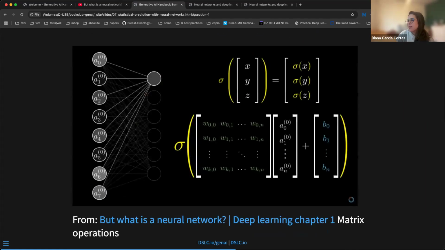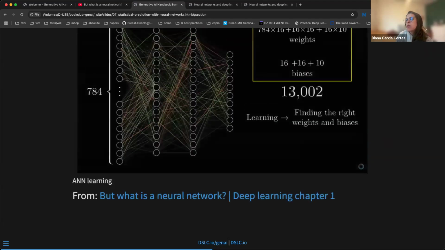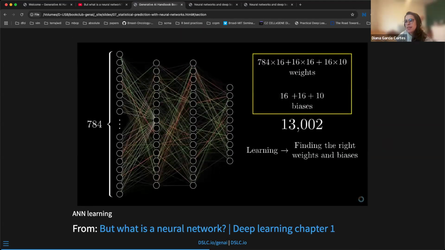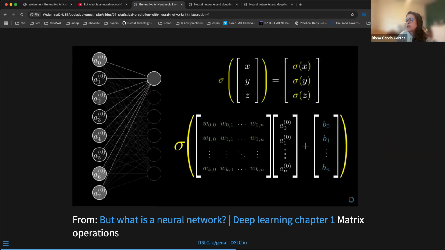When we code this thing, we're not gonna have the network architecture as an object, but we're gonna use matrices. So right here, we have the sigma function.